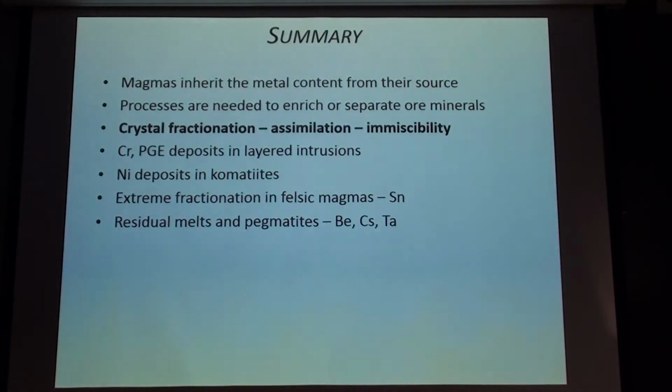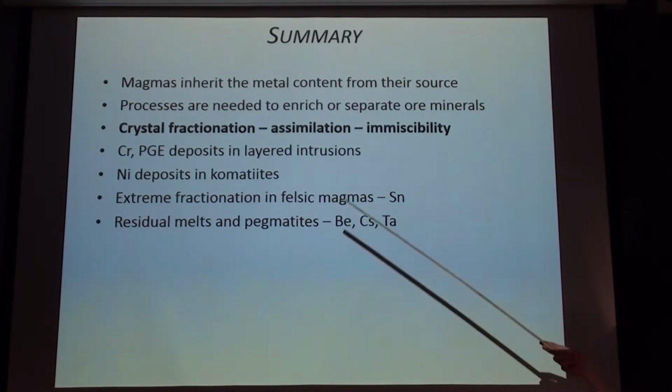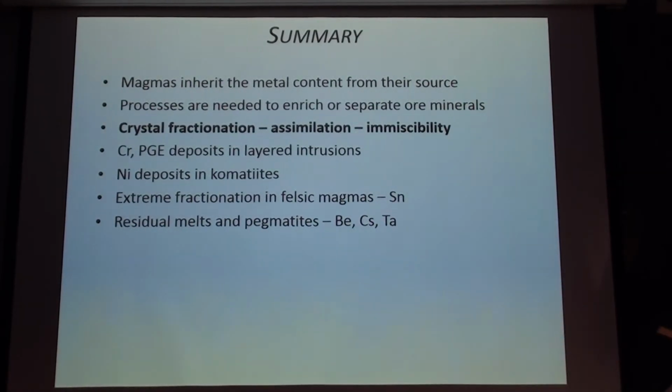So to summarize, a magma inherits the composition from its source during the process of partial melting. Depending on the degree of partial melting, we will have different concentrations of different elements at different stages. But usually additional processes are needed to enrich metals to a degree to create viable ore deposits. This can be crystal fractionation, assimilation, or immiscibility.